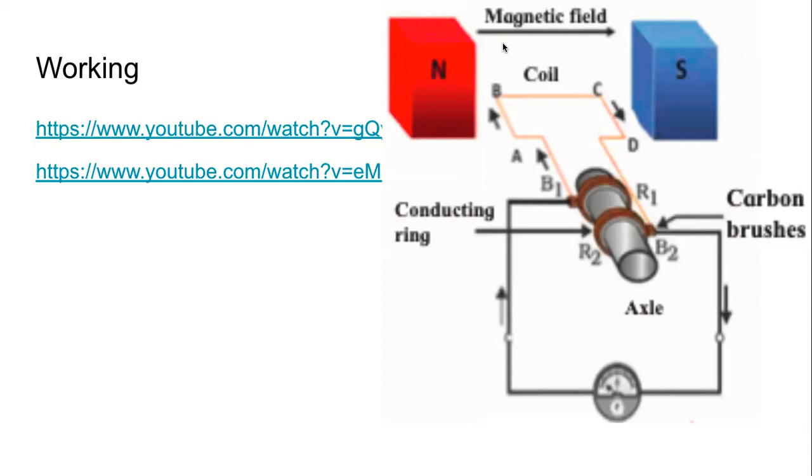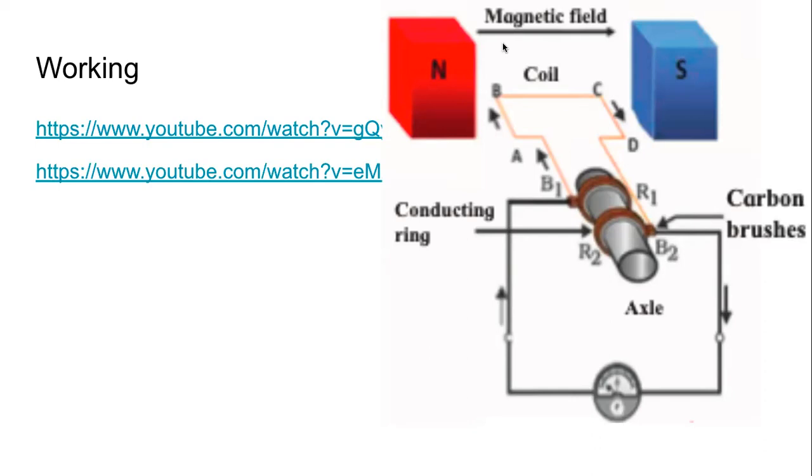Because of this, the direction is repeatedly, periodically changing. Half of the time, it is R1 to R2. Half of the time, it is R2 to R1. And we are able to do this because of the way we have constructed. We don't have split rings. We have two complete rings, and the connection with the arm of the coil to the ring remains constant.